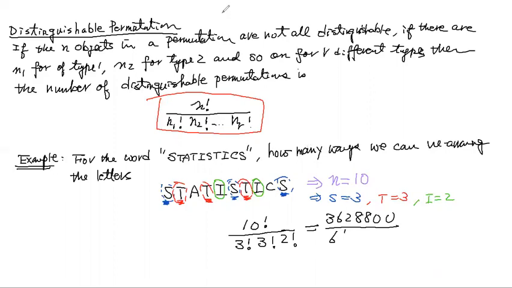So the 3 factorial is 6. So it's 6 times 6 times 2. So we will have 5,400. We have 5,400 ways to rearrange this statistics word here, right?